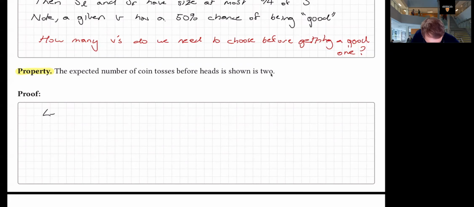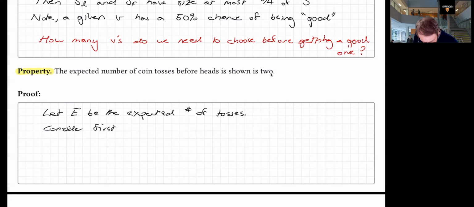So let E be the expected number of tosses that I have to do. If we look at the first toss, it's either heads or tails, right?